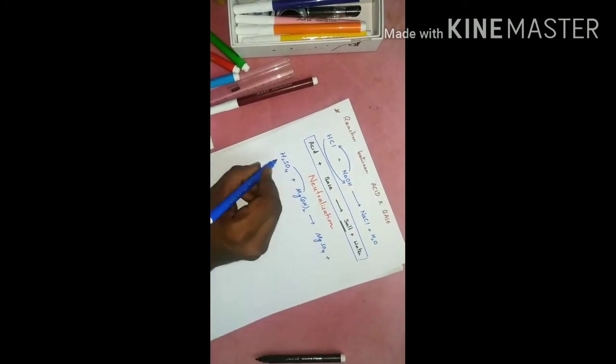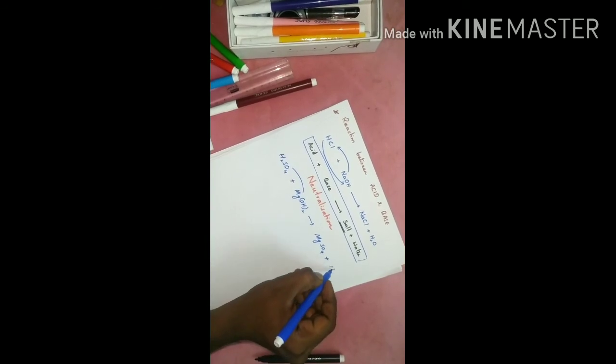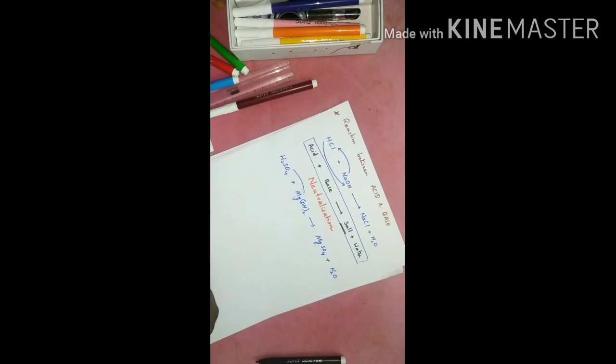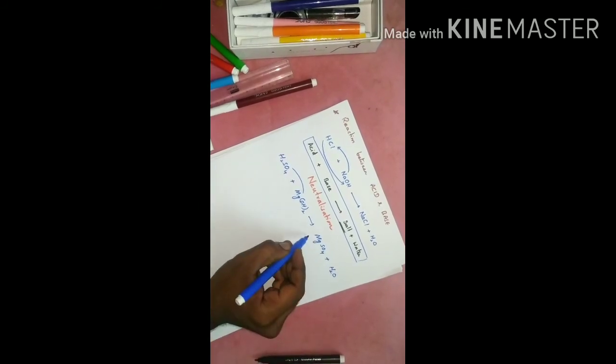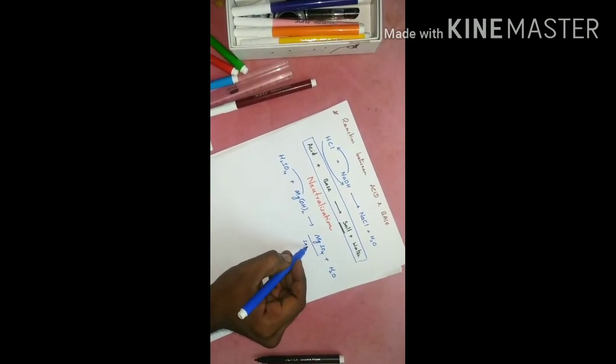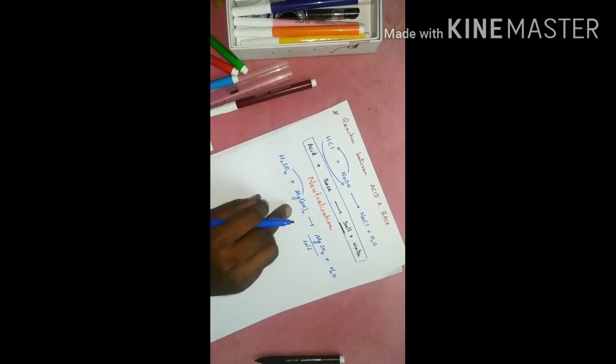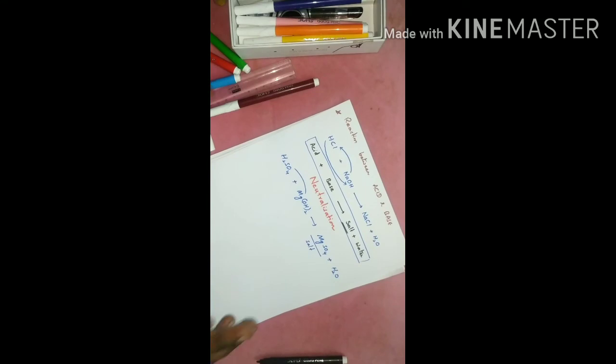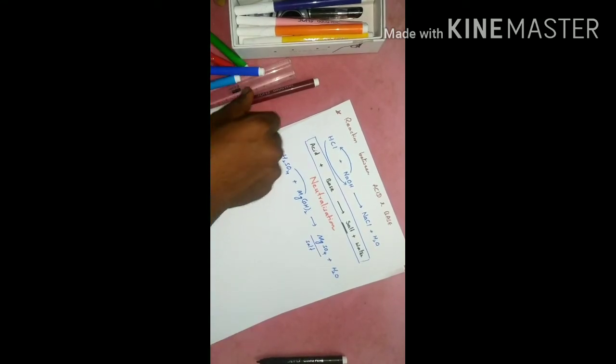And this hydrogen and these OH minus ions will combine to form H2O. Magnesium sulfate is a salt. So acid and base together form salt and water. These reactions are known as neutralization reactions, the reaction between acid and base.